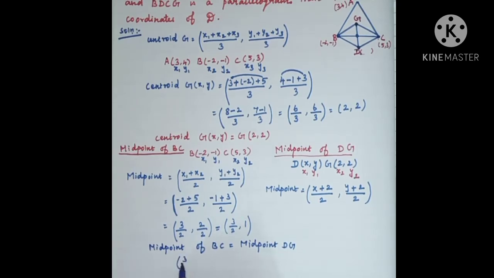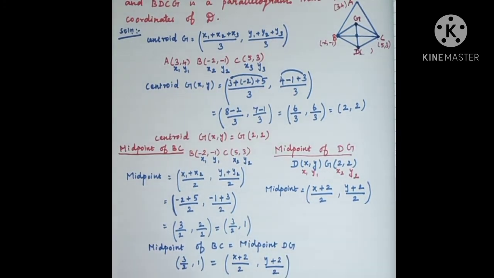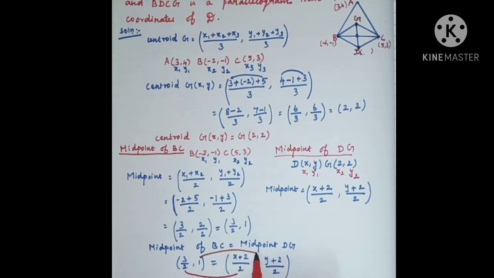That means 3 by 2, 1 is equal to x plus 2 divided by 2, y plus 2 divided by 2. Now we have to equate the coordinates. First we equate the x coordinate with the x coordinate, and then the y coordinate with the y coordinate.